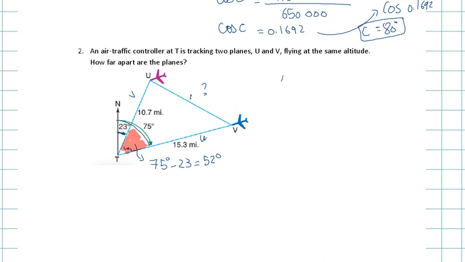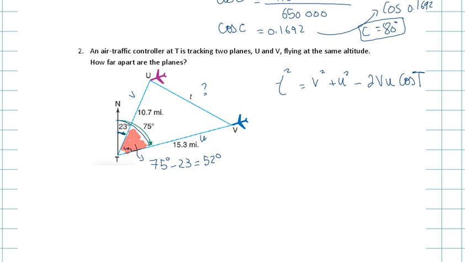Equals to what? V squared plus U squared, minus 2VU cos T. Yeah? It's always going to be like that. Whatever you have, the V and the U is going to be minus 2VU cos whatever the angle is.